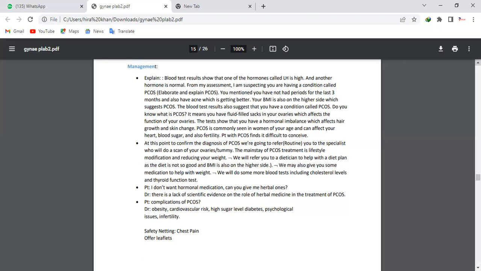Doctor, I have one concern. Actually, can I have some herbal treatment? Because I don't want to take these hormonal medicines, because I think herbal medicines are going to work more. Unfortunately, Kim, we can't say how much the herbal medications have an impact on this condition.